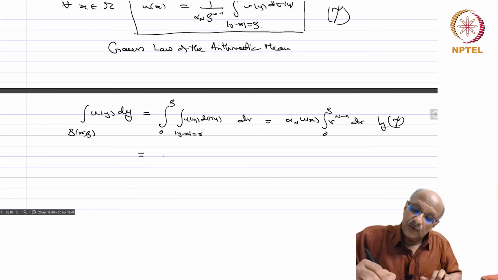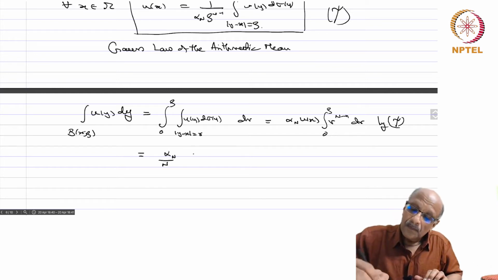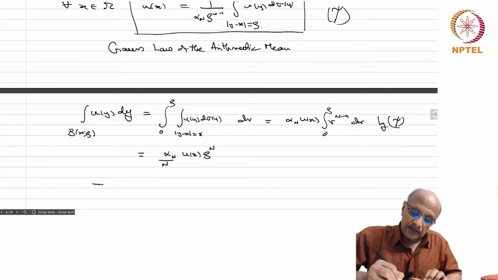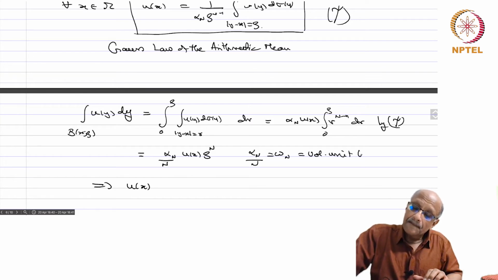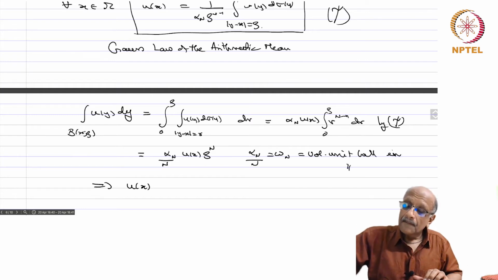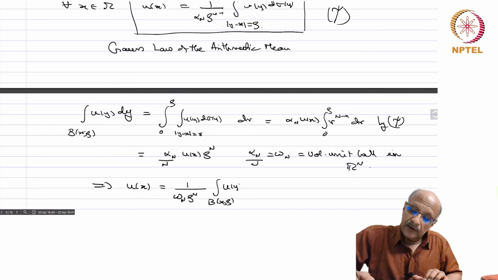And therefore, that is equal to alpha_n by n times u(x) rho^n. But alpha_n by n is nothing but omega_n, the volume of the unit ball, and therefore u(x) is equal to 1 by omega_n rho^n times the integral over B(x, rho) of u(y) dy. So, this is the second mean value theorem.